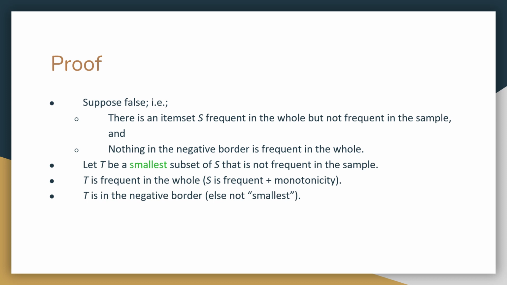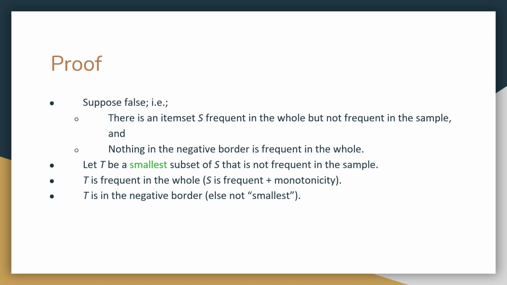So in the next step, we say that T is in the negative border, since it is not frequent in the sample but all of its proper subsets are frequent in the sample. Otherwise, if it had a proper subset that was not frequent in the sample, then T would not be the smallest subset of S with that property, right?